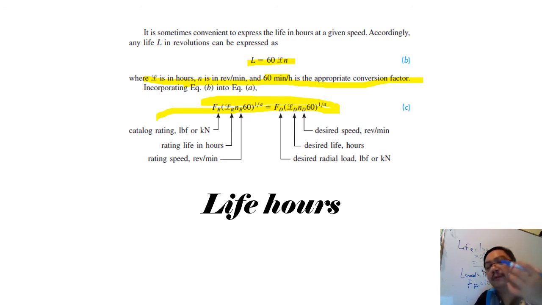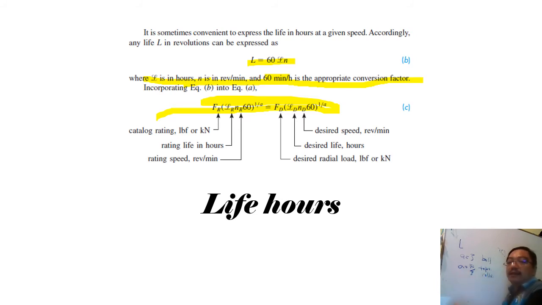Remember A for ball bearing and for taper. A equals 3 for ball bearing, A equals 10 over 3 for taper or roller.